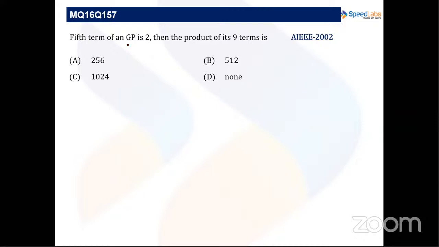We are given the fifth term of the GP is 2, and we need to find the product of its 9 terms. So T5 is 2, that is A into R to the power 4 is equal to 2. So the product of the first 9 terms will be A into AR into AR square and so on up to AR to the power 8.